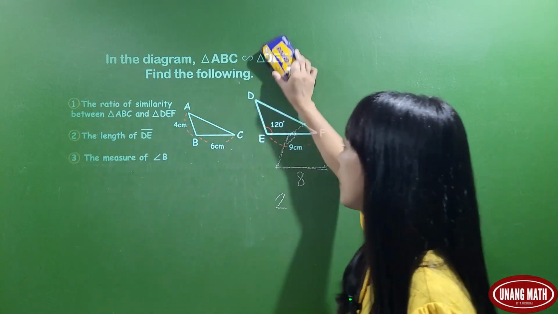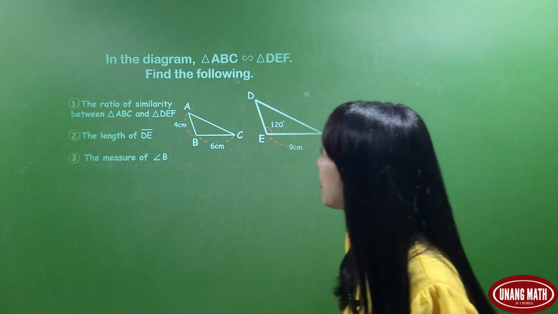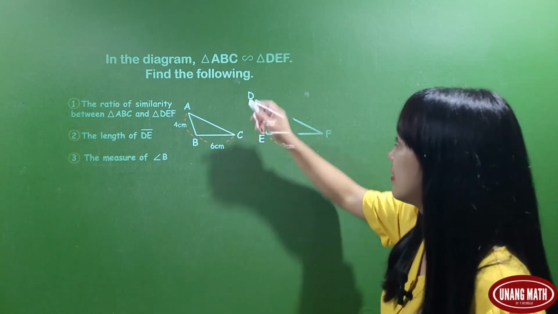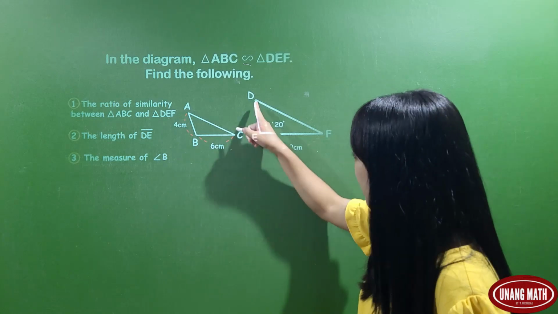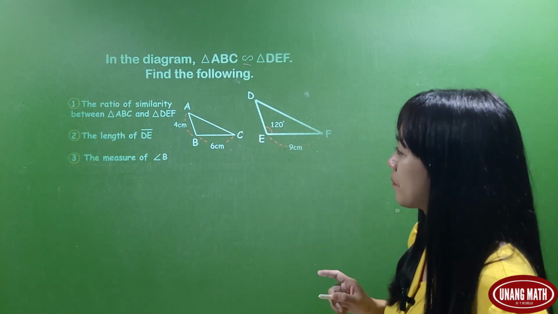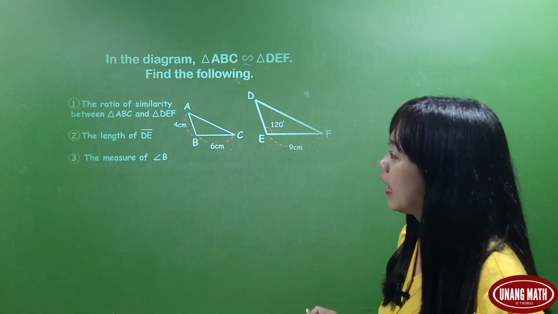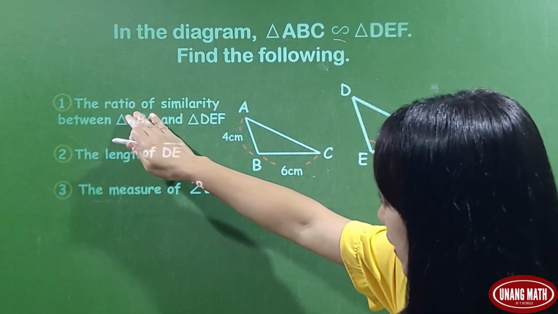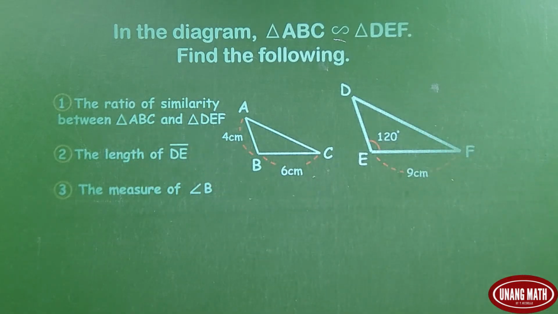Let's start with this one. In the diagram, we have triangle ABC is similar to triangle DEF. So ABC is similar to DEF. Let's find the following. First, the ratio of similarity between triangle ABC and triangle DEF.